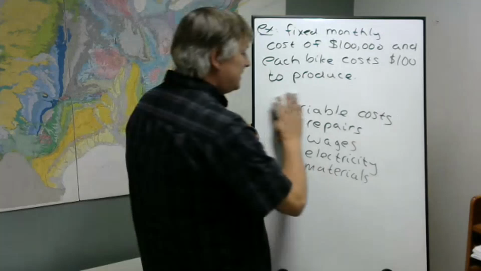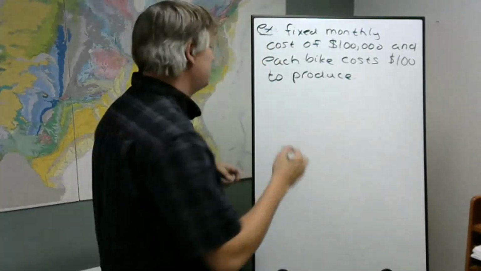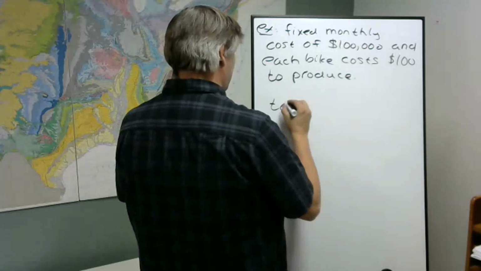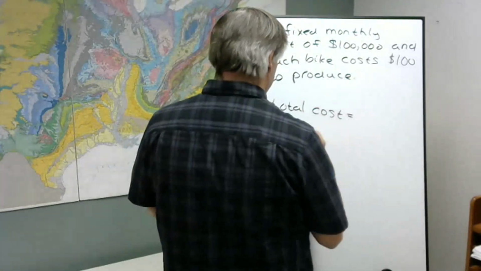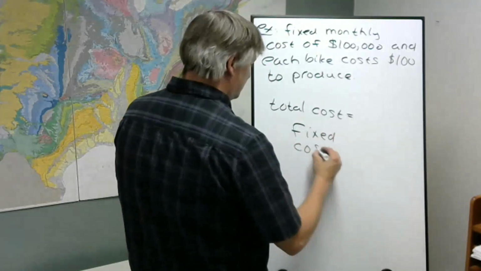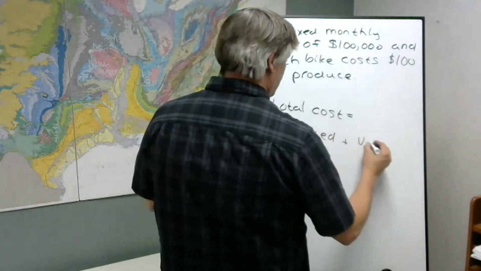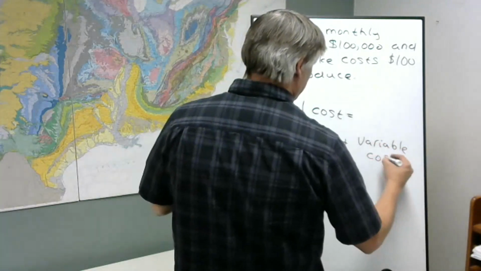So what's happening here is your total cost is going to be fixed cost plus variable cost.